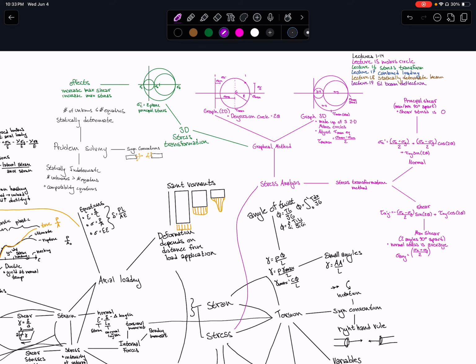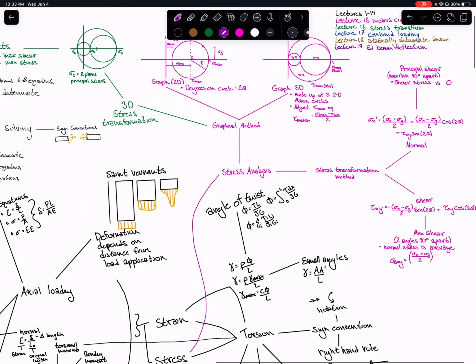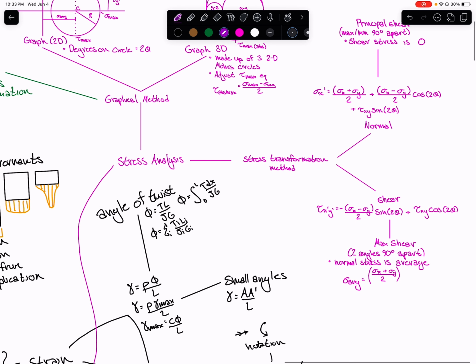So to start off, it might be best to look at the stress transformation method equations to help get us an idea of what we will be using to solve for the principal stresses, made easier through Mohr's circle.